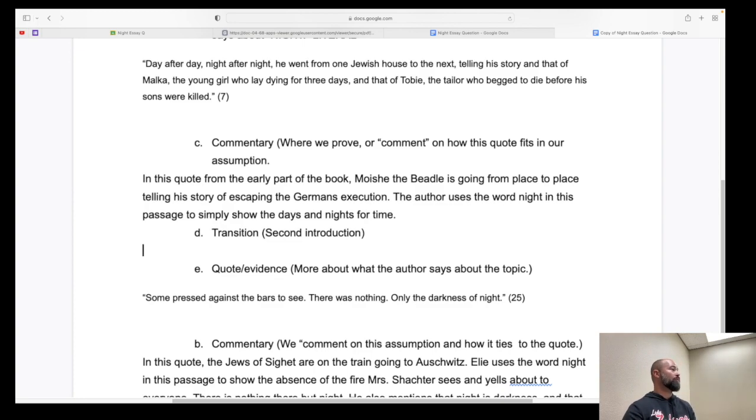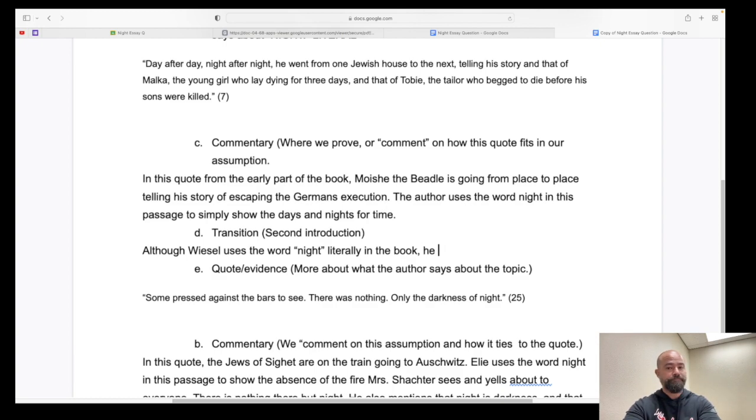If you want to use a thesaurus or look up a bunch of transitional words, get after it. Okay. I like although. Although the author, and you can say the author, or you can say Wiesel. I've already done the author, so I'm going to mix it up a little bit. Uses the word, and I'm going to put that in quotes, literally in the book.